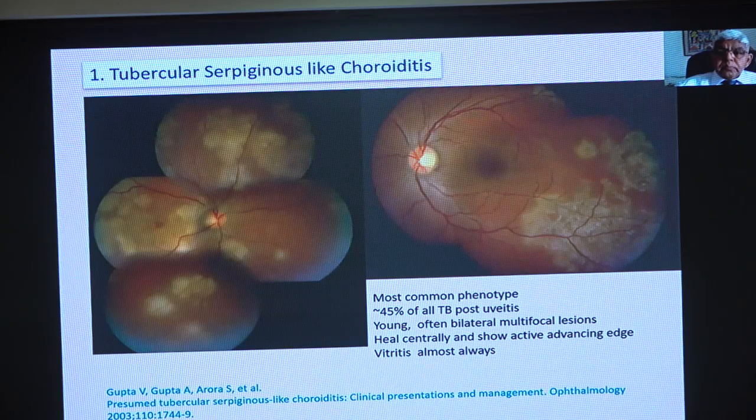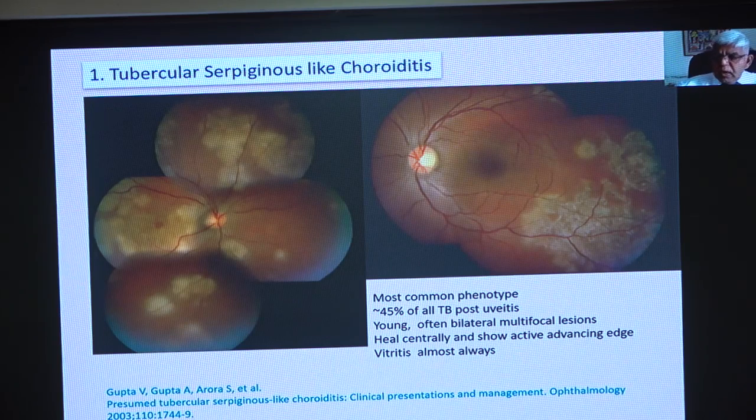And now there is a universal consensus all over the world that this is the commonest phenotype of TB uveitis, and you have to be familiar with it. These lesions heal centrally, spread centrifugally and are active at the edges. They are almost always accompanied by vitritis.